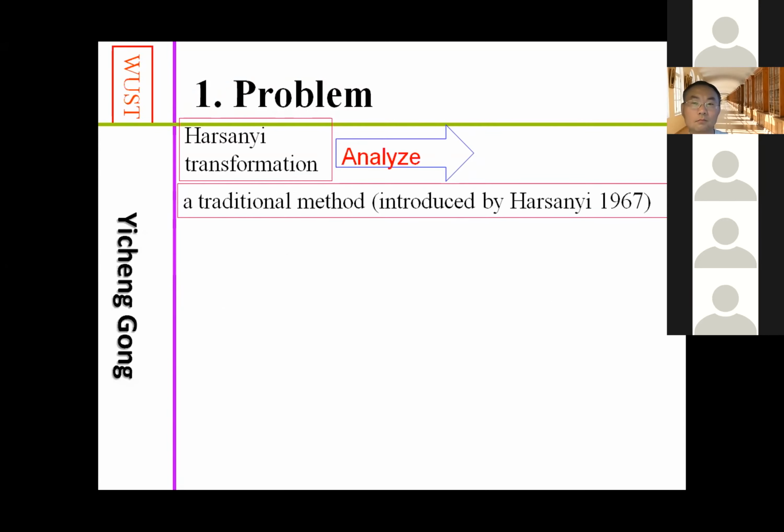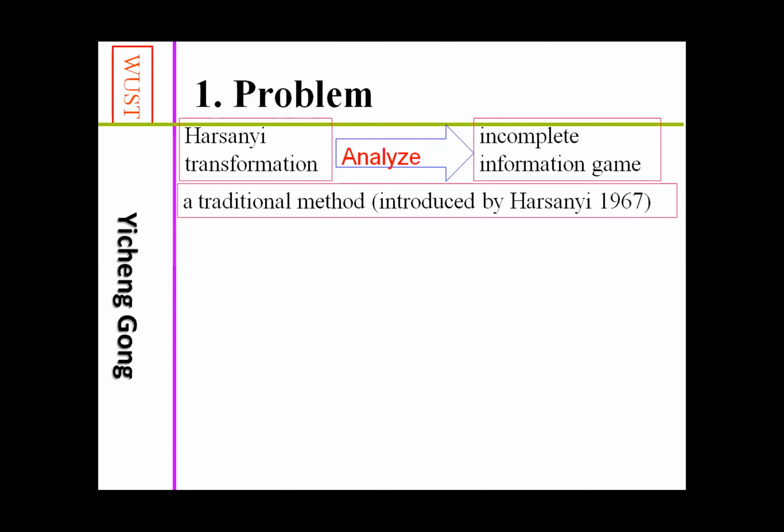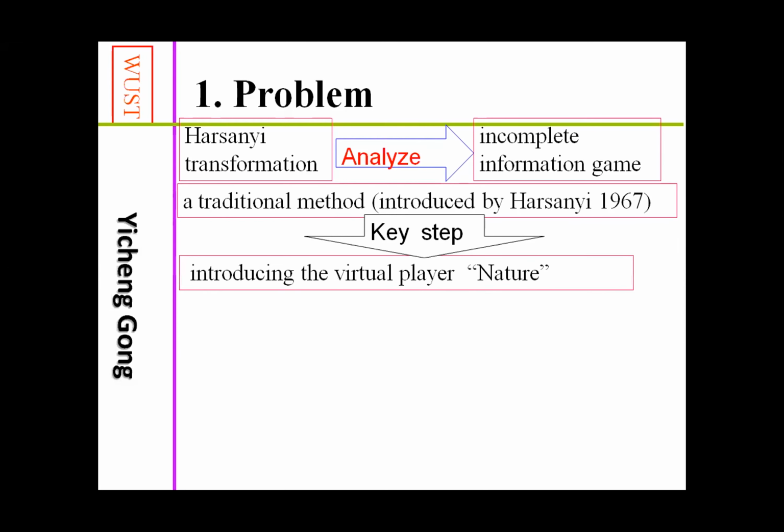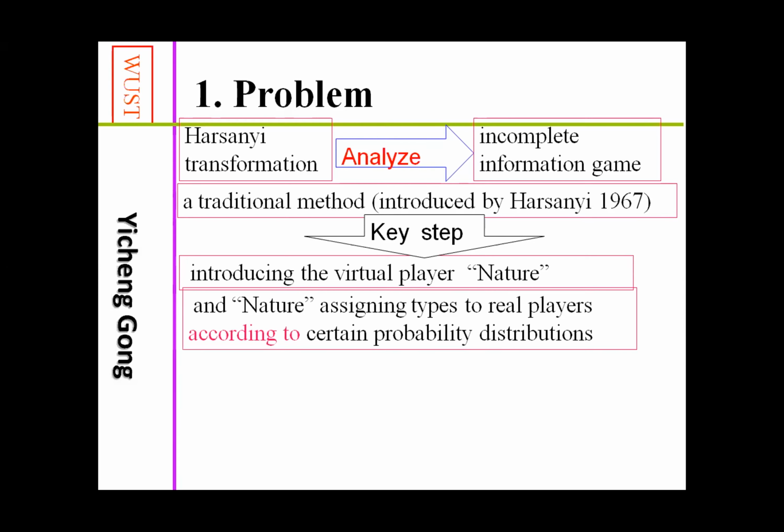And usually we use Harsanyi transformation to analyze the incomplete information game. For Harsanyi transformation, the key step is to introduce the virtual player nature, and then nature assigns types to real players according to certain probability distributions.